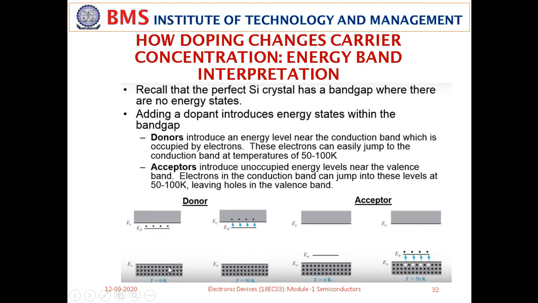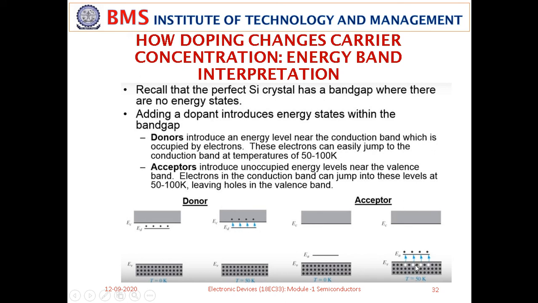Earlier we discussed the electron hole pair: when the temperature is raised, the electron moves from the valence band to the conduction band. That's called electron hole pairing. In addition to that, by adding the donor impurity you create electrons, and for the n-type semiconductor, with any excitation these electrons keep moving into the conduction band.